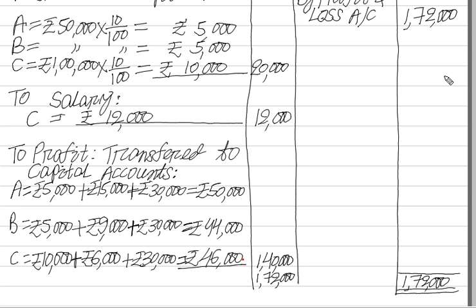After that, the next half of the second last line: pass necessary journal entries for appropriation of profits. There are many journal entries, because for interest on capital, salary and profit there will be at least 3 journal entries. So please write down journal entries.